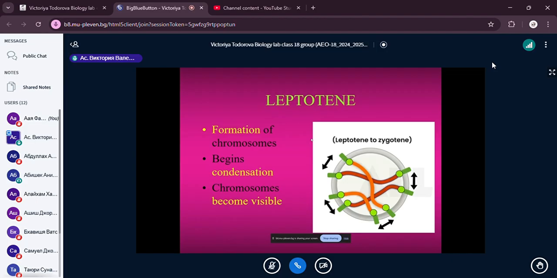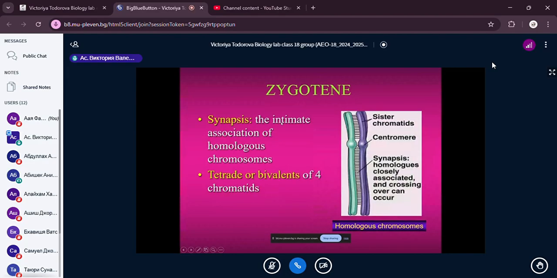In total, there are 92 sister chromatids. In this leptoten example, it is good here, you can see, and continue in zygoten.